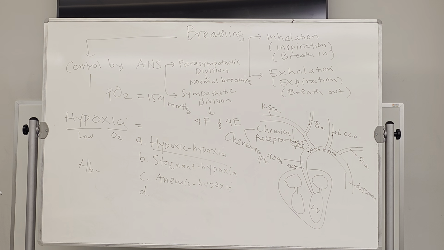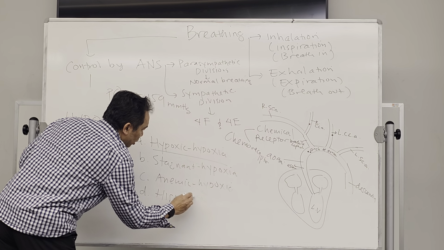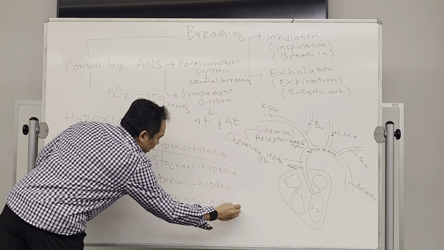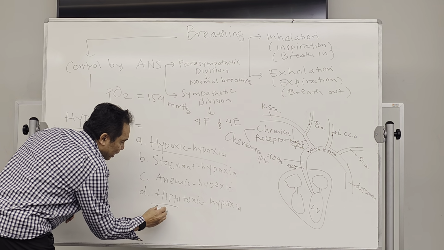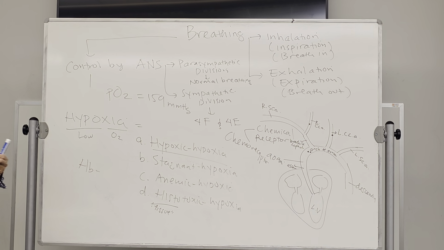Okay? And the last one is called the histotoxic hypoxia. Okay? Histo means tissue. So the problem is not in the blood, but the problem is in the tissue itself. The blood maybe carries a lot of oxygen, but the tissue cannot take it because what?